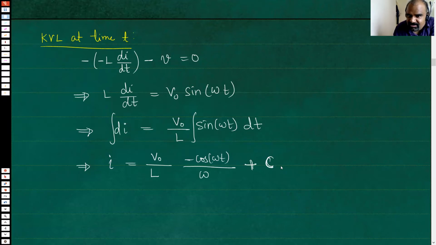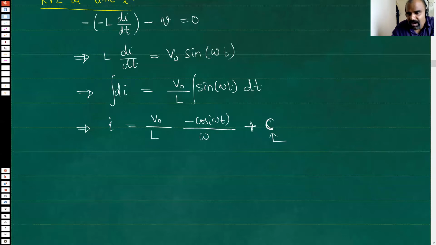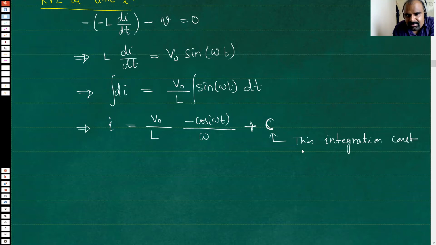I'm not putting any limits, so there will be this constant c. However, actually this integration constant comes out to be 0. How it comes out to be 0, I will not show. I don't have that much time to show it. This integration constant c actually comes out to be 0.